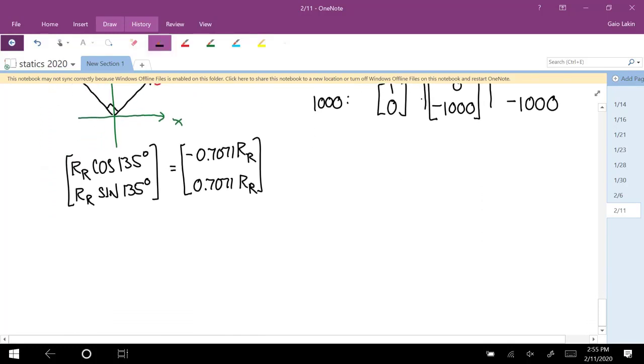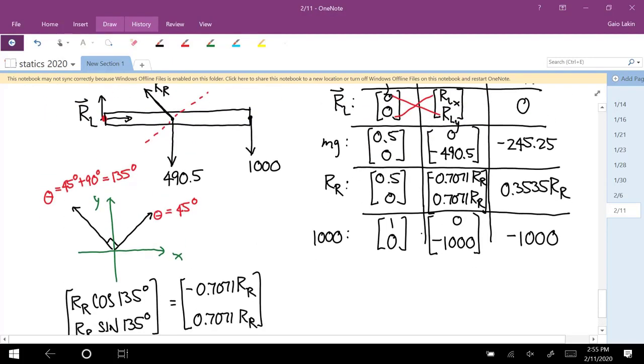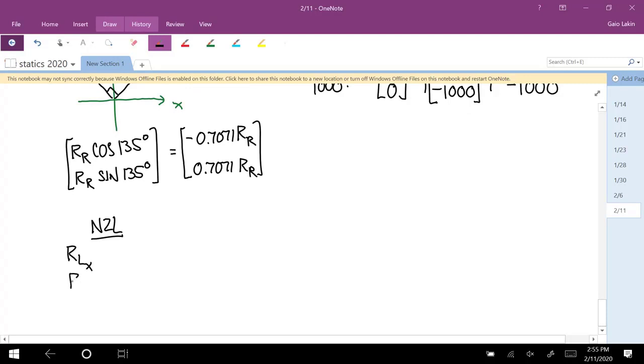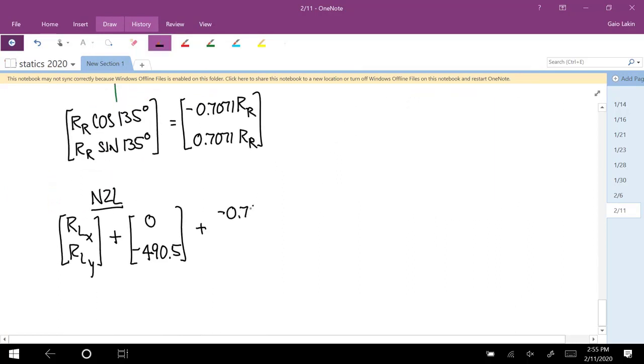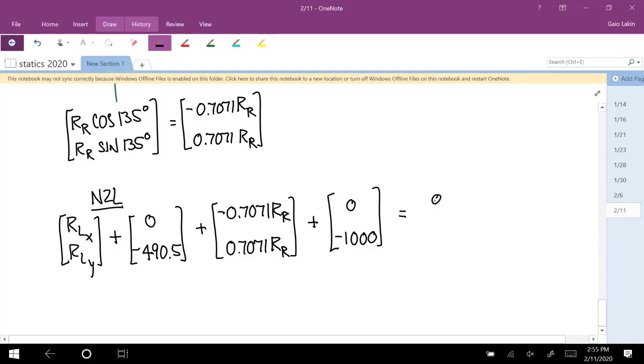So Newton's second law says RLX, RLY, plus 0, negative 490.5, plus negative 0.7071 RR, positive 0.7071 RR, plus 0, negative 1,000, is equal to zeros. And you can't solve for anything yet.